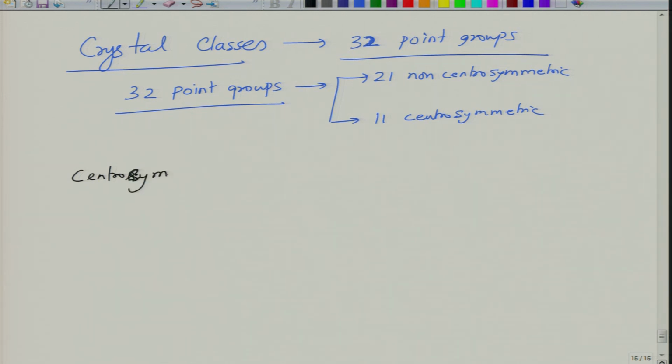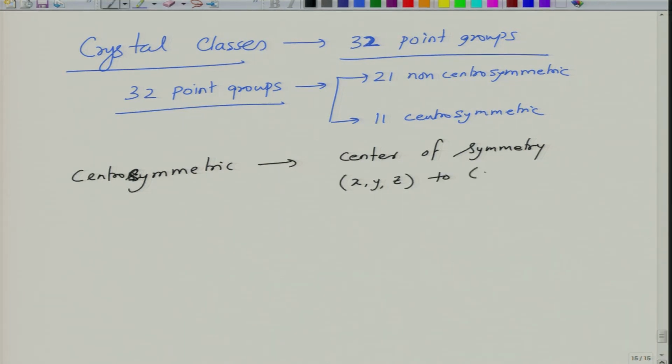Centrosymmetric will mean having a center of symmetry, which means you can replicate a point at x, y, z to minus x, minus y, minus z. If you do not have a center of symmetry, then you will not be able to do this transformation. The environment at x, y, z will not be similar to the environment at minus x, minus y, minus z, which means you cannot perform that symmetry operation.